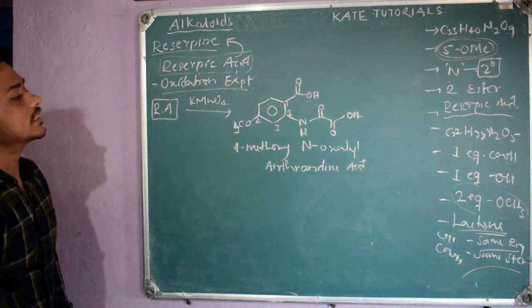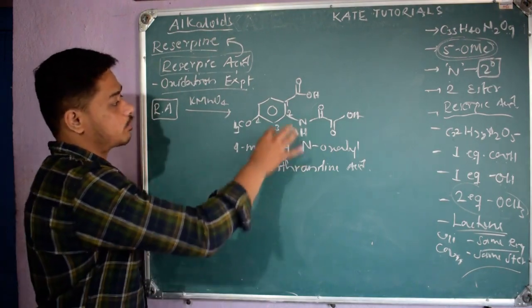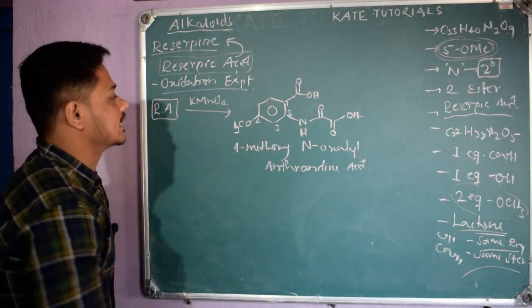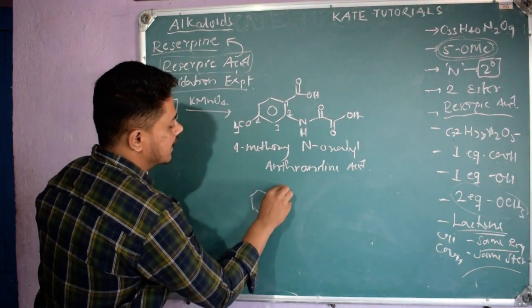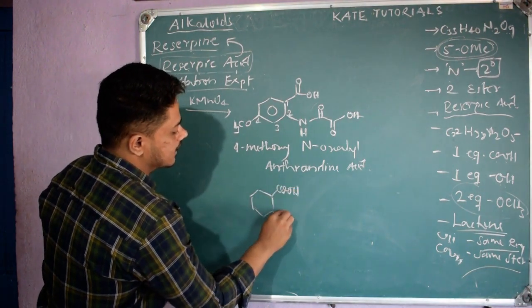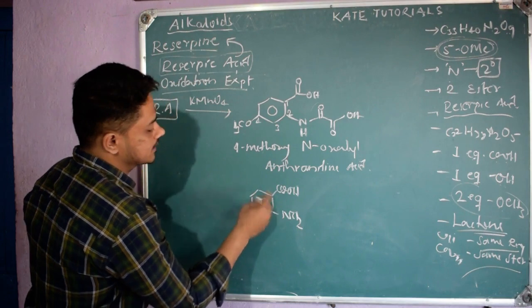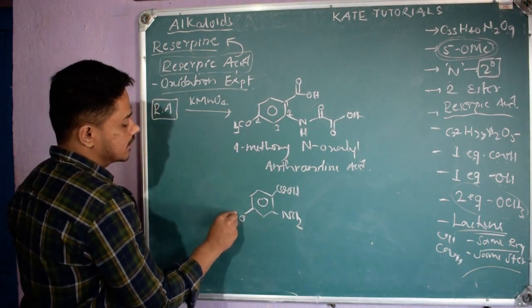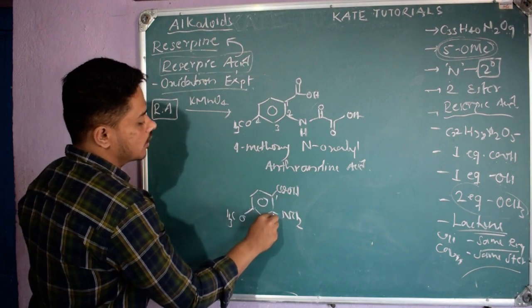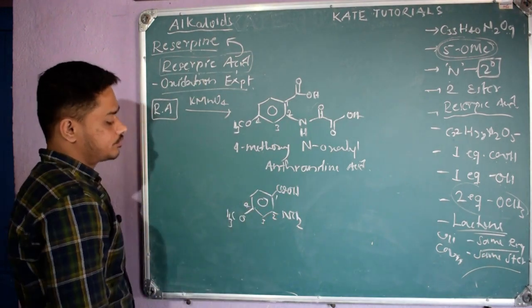So they got this product and they confirmed it by synthesizing it in the lab. What they did, they took this compound, that is an acid group, and there is aniline and it is an aromatic benzene ring, so we call it aniline, and here at this position OCH3, that is at the 4th position only, they take 1 2 3 4, right?